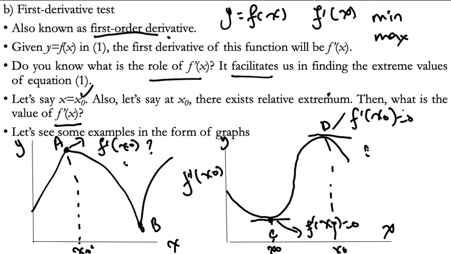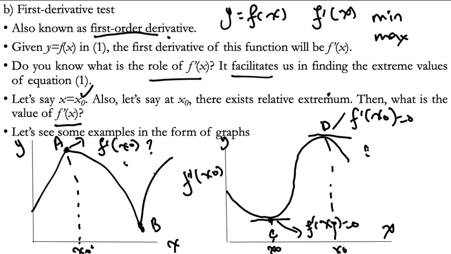Alright? So here, from these 2 graphs, we are basically looking at the necessary condition for a relative extremum to exist. So for a relative extremum to exist in graph number 2, f prime x naught in this case must be 0, isn't it?